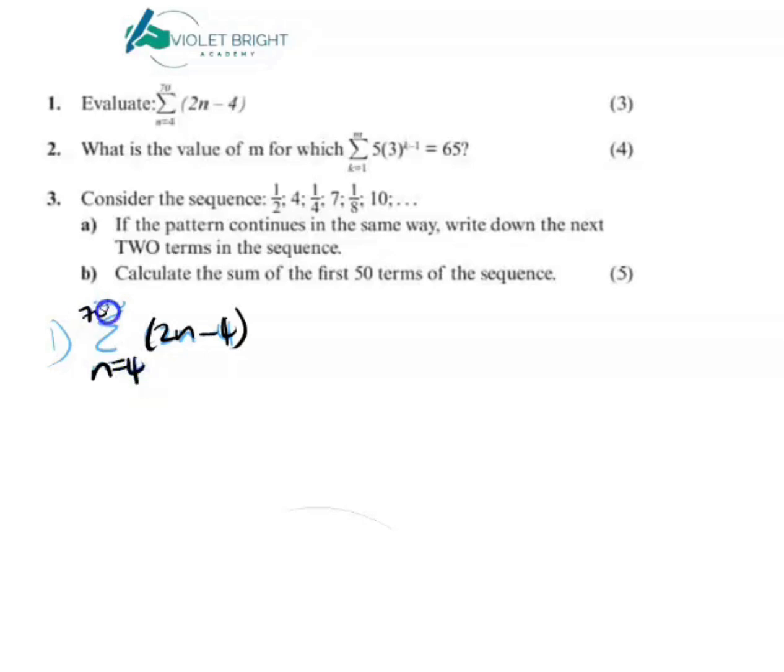So it's 70 at the top, which means we know the terms in the sequence. How do we find how many terms we have in the sequence? We take our upper limit minus our lower limit, then we add 1. Then we find the number of the terms in the sequence. We know that we have 67 terms in the sequence.